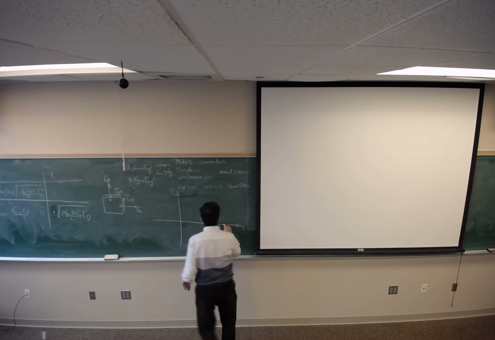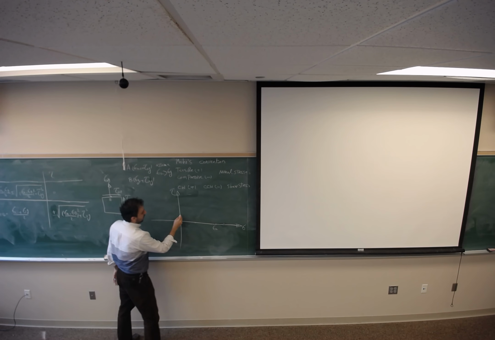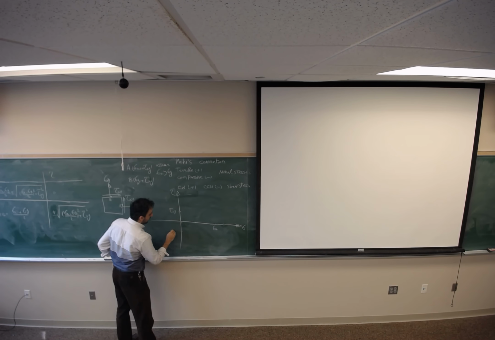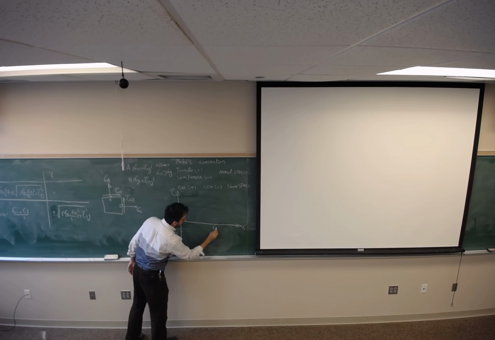So if this is sigma x, for example, and this is tau xy, negative of that is going to be right here. So sigma x and negative tau xy give me this point.